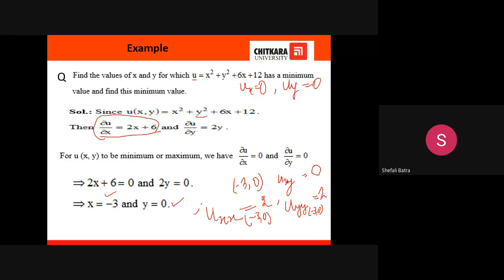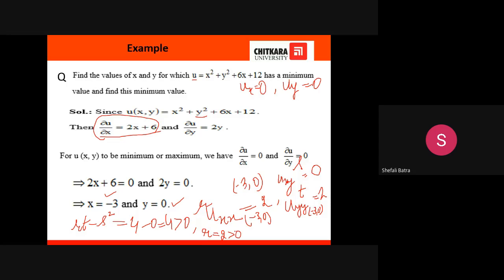So you have calculated this is r, this is s and this is t. Now check the sign of rt minus s square. R into T is 4 and S is 0. So that is equal to 4, which is greater than 0. Then you need to check the sign of R. R is 2, which is greater than 0.